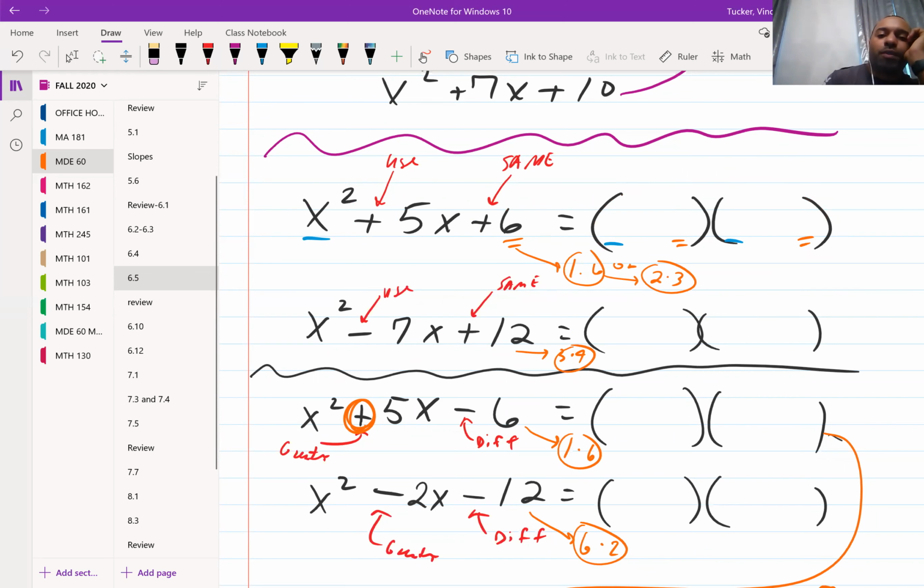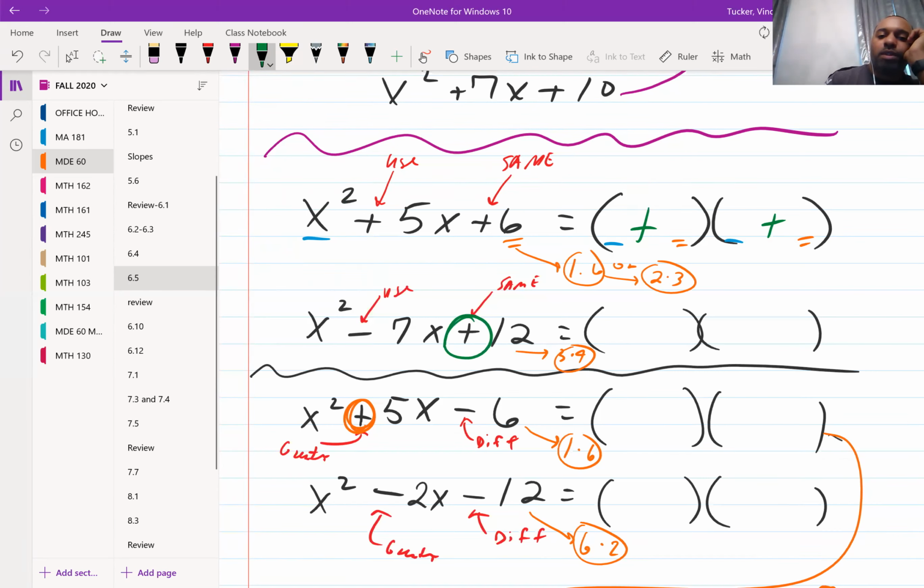So the first thing you do is look at this back sign. If it is positive, that means that your signs are supposed to be the same. And then this sign will tell you which one to use. So that means that both of the signs in the parentheses are supposed to be positive.